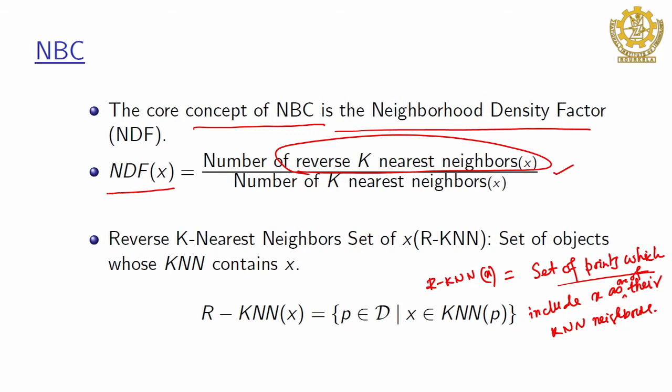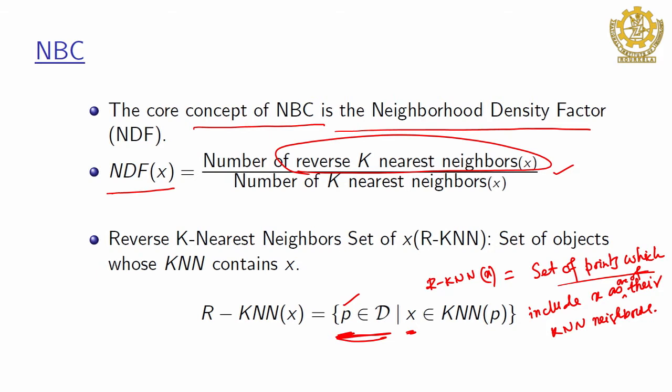Is it clear? So, let us say a point p can be the reverse k nearest neighbor of x if p includes x as one of its k nearest neighbors. Then we will say p is the reverse k nearest neighbor.